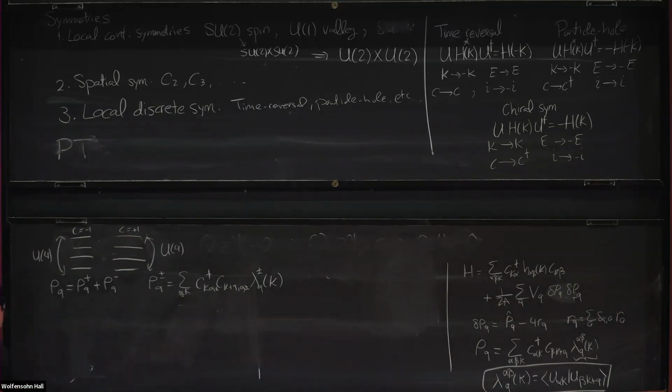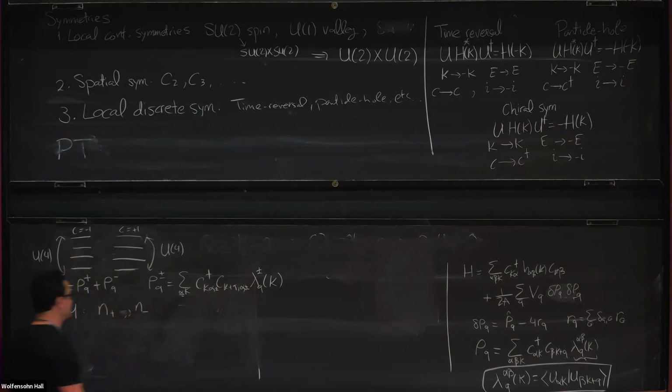So to do this, let me define a generalized ferromagnet with n plus filling in the plus Chern band and n minus filling in the minus Chern band as any state where each band is either completely filled or completely empty, where I have n plus bands filled on the plus Chern sector and n minus bands filled on the minus Chern sector.